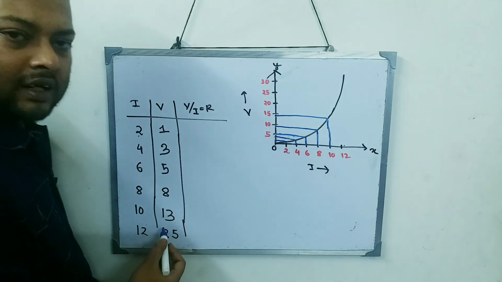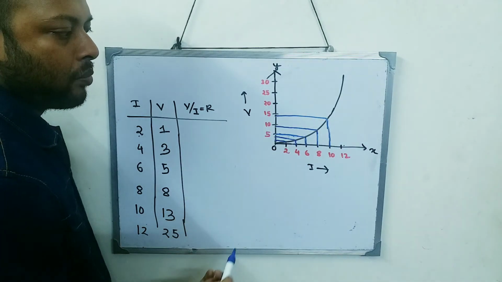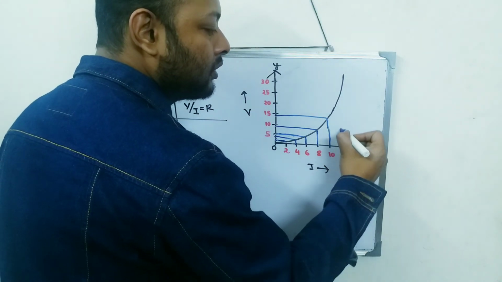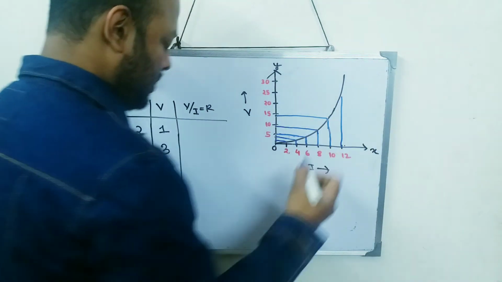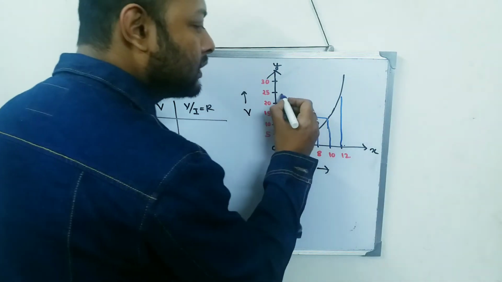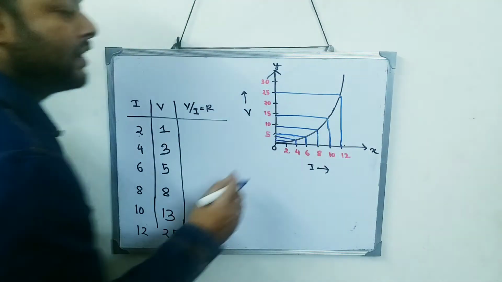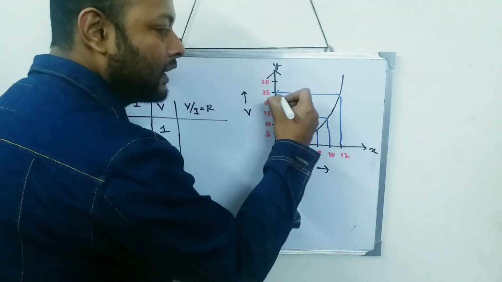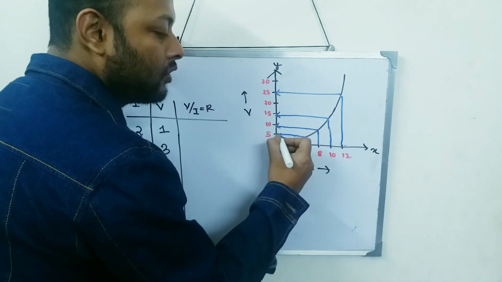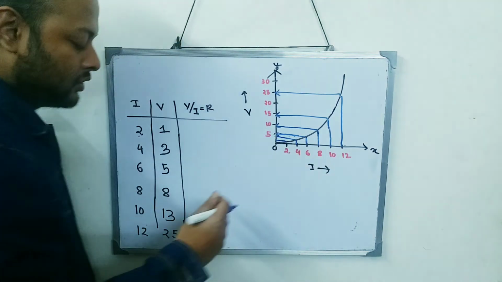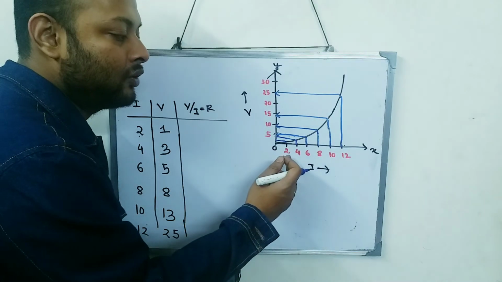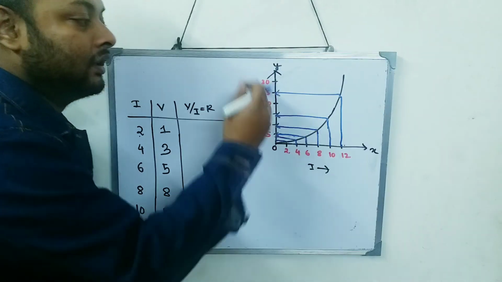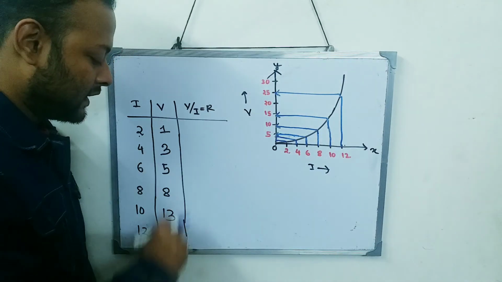That I have taken as 13 volt, you can see less than 15. And when the current is 12 ampere, the corresponding value of voltage comes over here, 25 volt. So for the corresponding values of current, 2, 4, 6, 8, 10, 12 ampere, these are the corresponding voltages that I get.